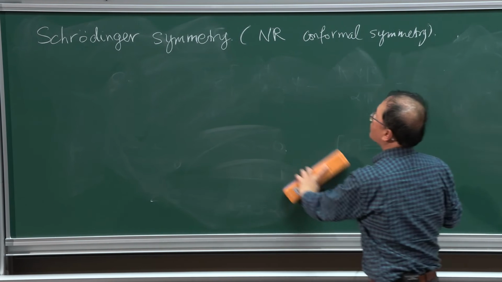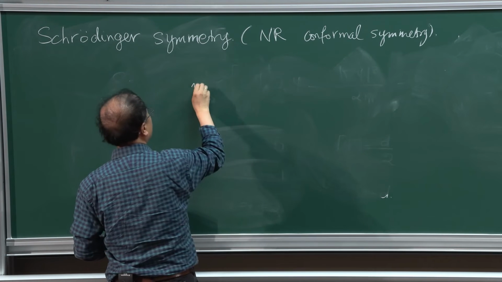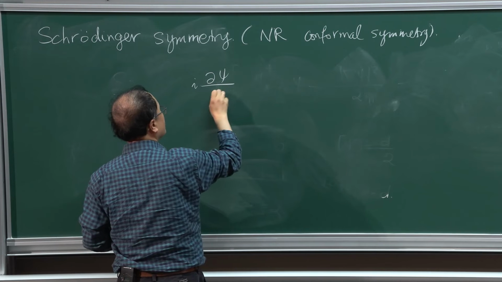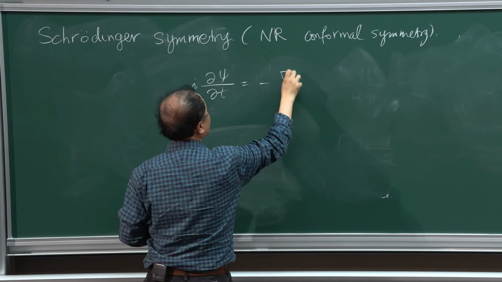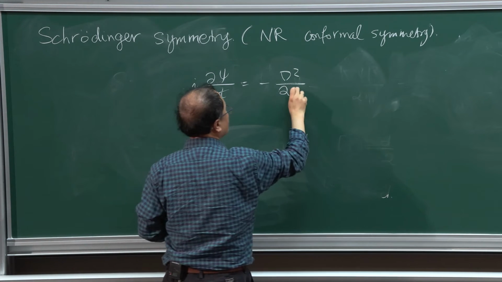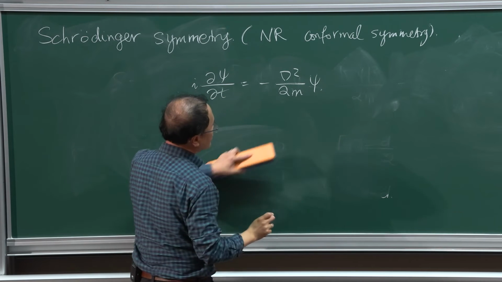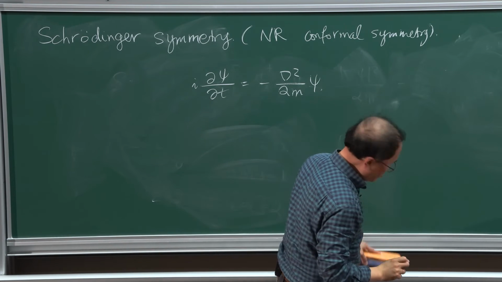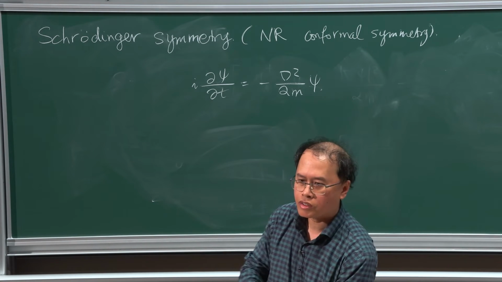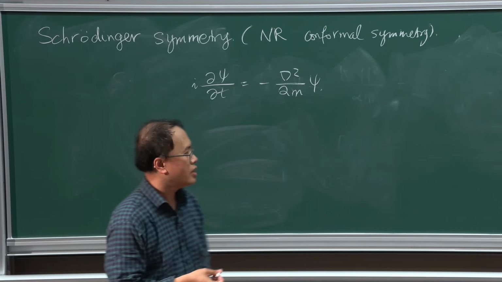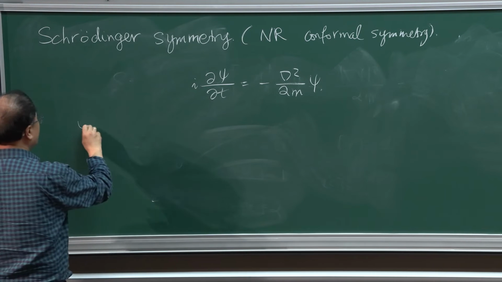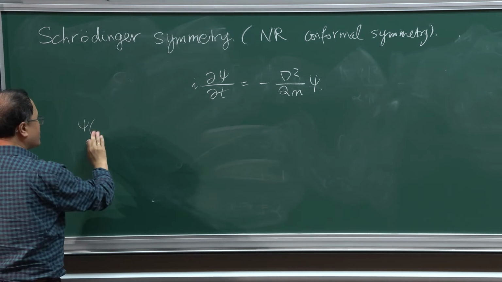If I write the same equation that I wrote before, i d psi/dt equals minus the Laplacian over 2m psi, and ask what are the operations that allow me to take one solution and transform it to another solution of the Schrödinger equation, I get the following transformations.